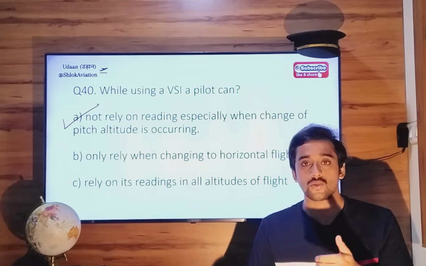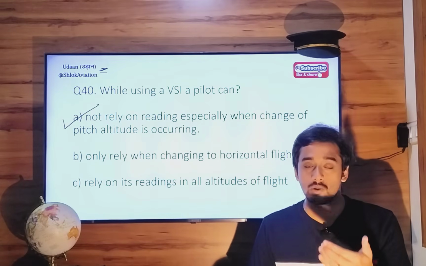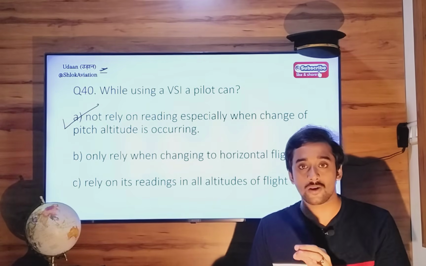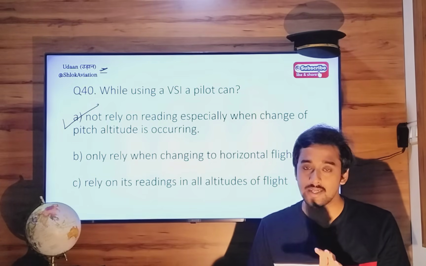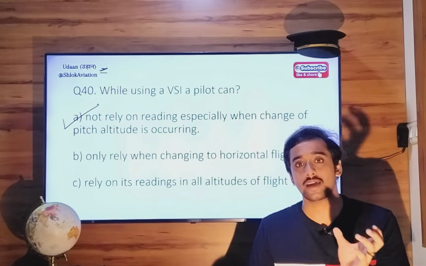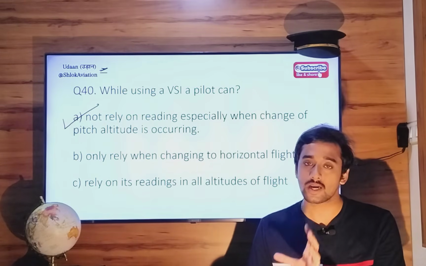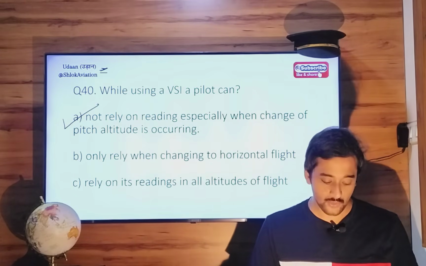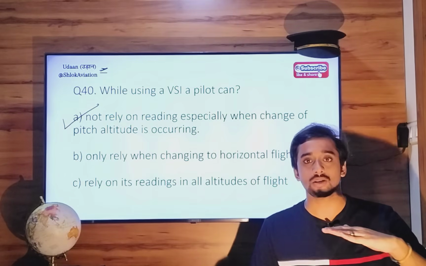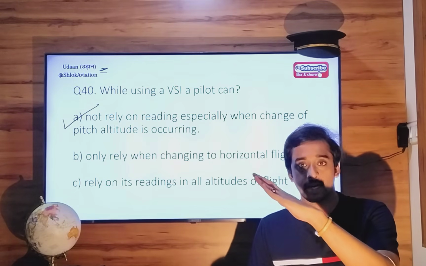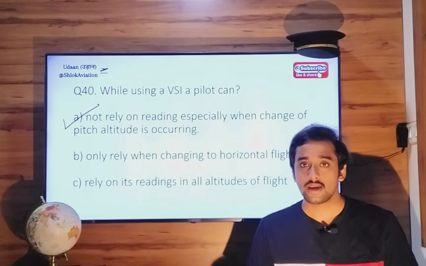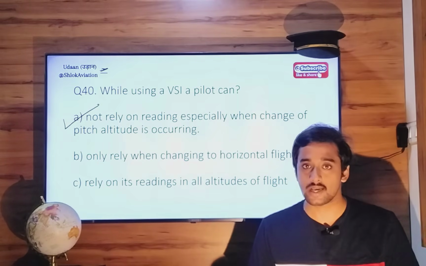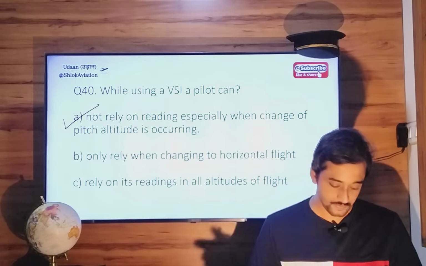It will not show you the correct rate of climb or rate of descent instantaneously. It suffers from a lag of some 2-3 seconds, and after that time gap, it will show you the correct indication. So that's why initially you cannot rely on it. Once you are stabilized in your pitch attitude, climb attitude, descent attitude, straight and level attitude, you can rely on its readings.